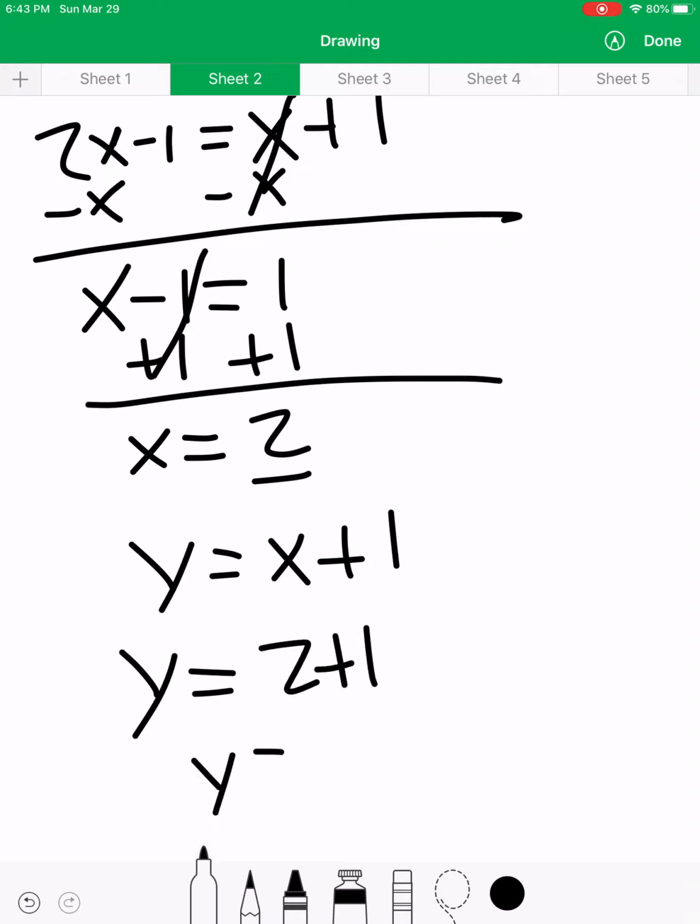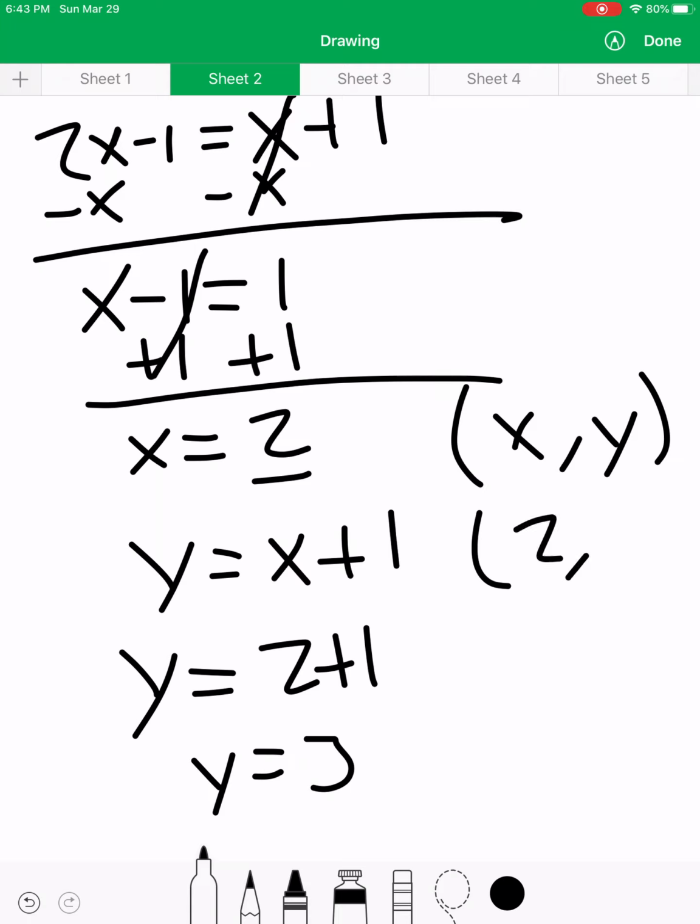So y equals 3. Remember, I told you that you're always going to write this as an ordered pair. So your final answer is going to be in x, y format. So your final answer to the equation is going to be an x of 2 and a y of 3. There's your final answer right there, (2, 3).